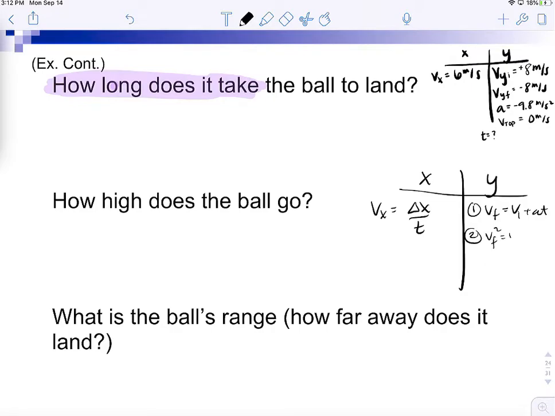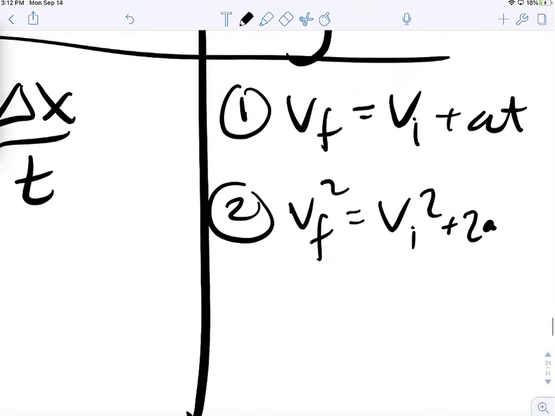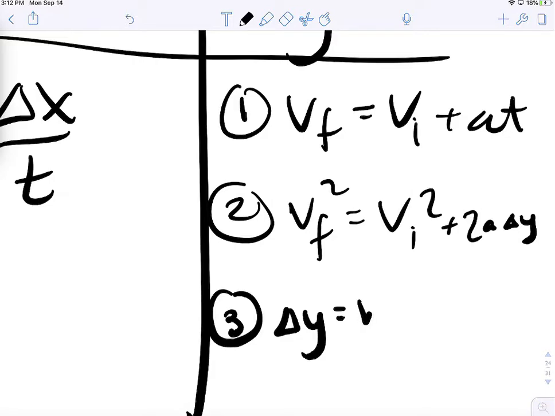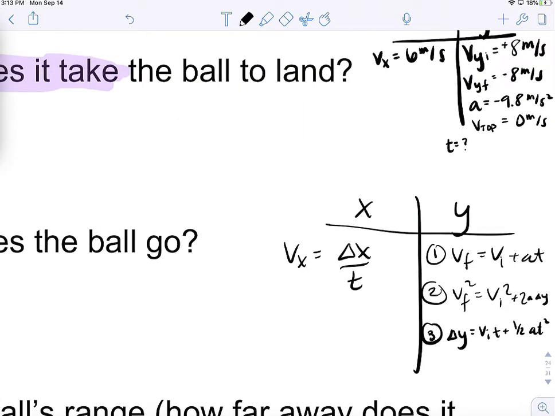I don't use one of my constant velocity formulas because it doesn't have acceleration in it. Out of those formulas, the one I would choose, me personally, would be number 2. Oh, just kidding. We're looking for time. I lied to you. The one I would use would be number 1.